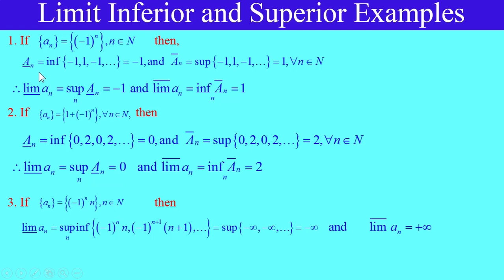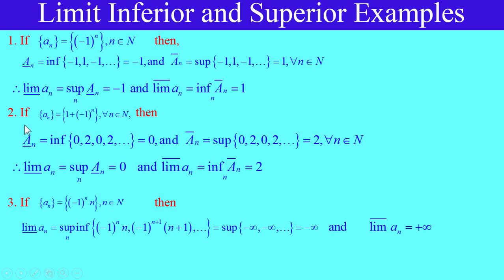So lower bar an is equal to infimum of minus 1, 1, minus 1, and this is equal to minus 1, and upper bar an is equal to supremum of minus 1, 1, minus 1 is equal to 1 for all n belongs to N. Therefore, limit inferior an is equal to supremum over n of lower bar an is equal to minus 1, and limit superior an is equal to infimum over n of upper bar an is equal to 1.